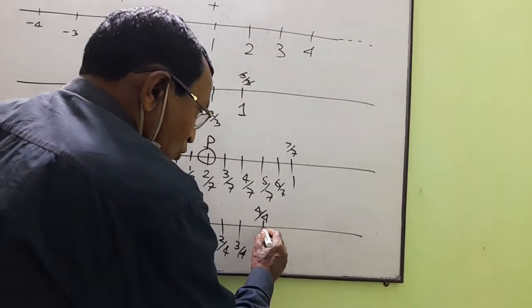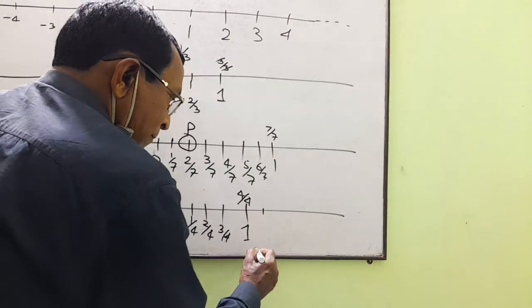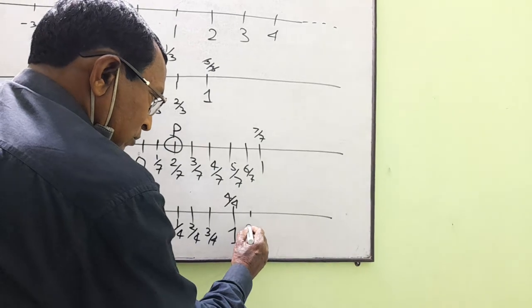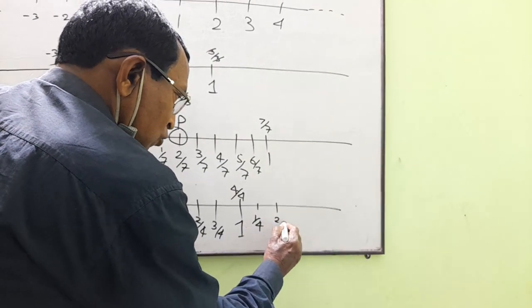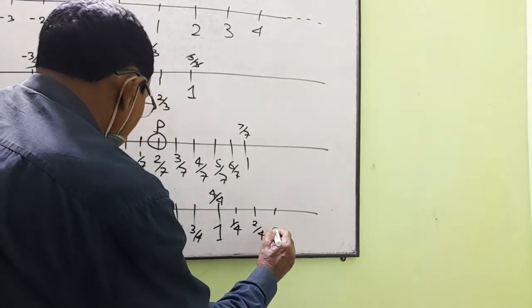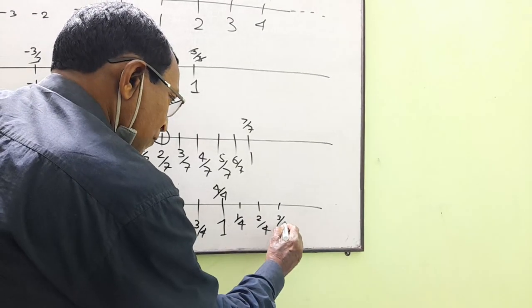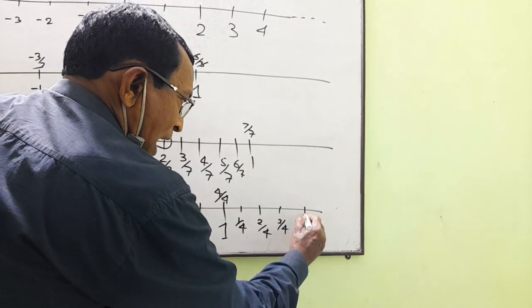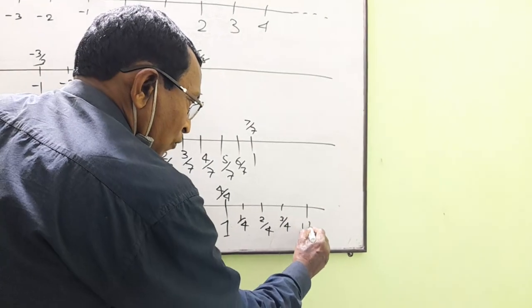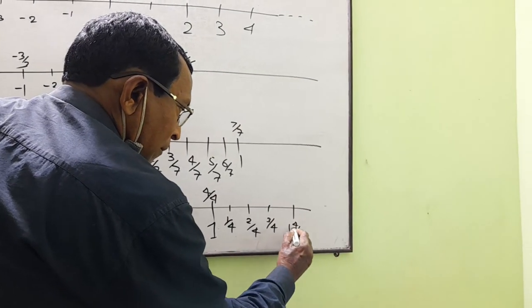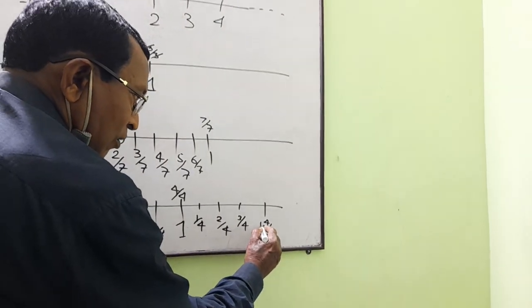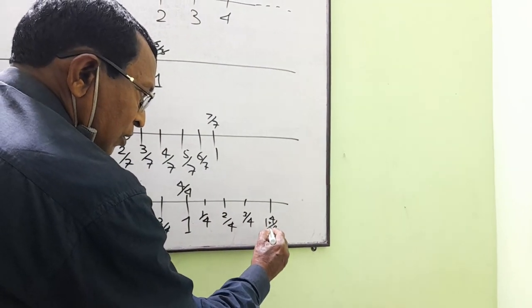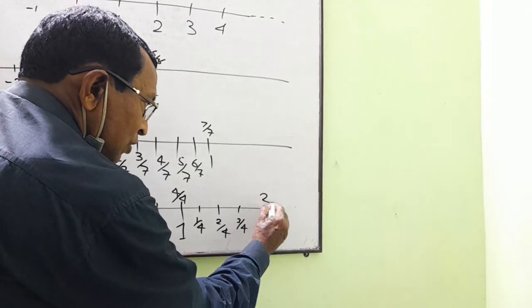So you will have to go ahead. It will be 1 whole 1 by 4, 1 whole 2 by 4, 1 whole 3 by 4 and 1 whole 4 by 4, that is 2.